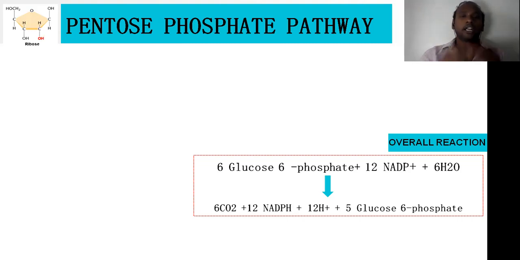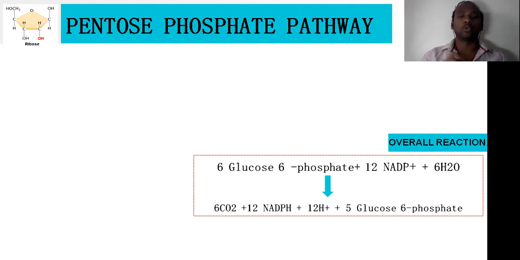These substrates are converted into 6 CO2 molecules, because initially 6 molecules of glucose 6-phosphate are involved, but finally only 5 molecules of glucose 6-phosphate are generated. The remaining 1 molecule of glucose, its 6 carbons, are released as CO2.